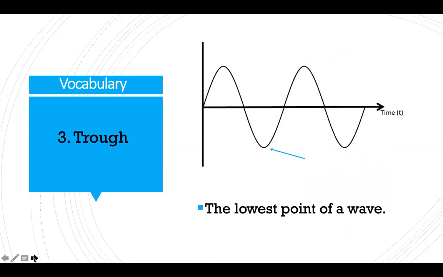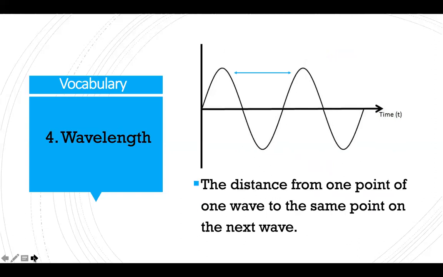Opposite to the crest is the trough, and the trough is the lowest point of a wave. The wavelength is the distance from one point of one wave to the same point on the next wave.